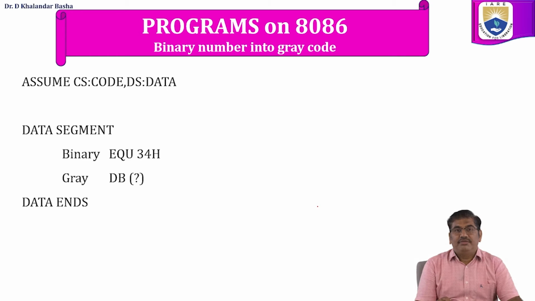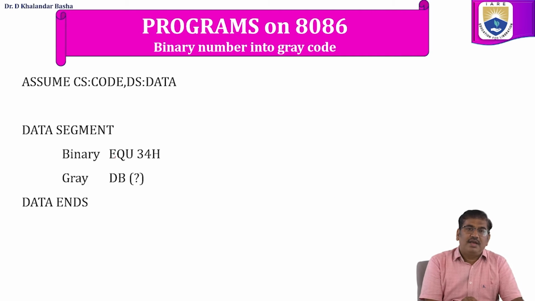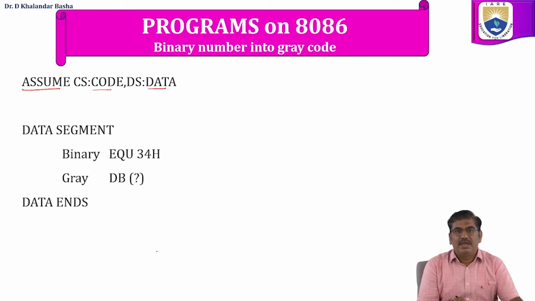So first, we will initialize the data segment with the input, which is a binary number, and we will reserve the memory for the output, which is a gray code. For requesting the assembler to assign the memory for the code segment and data segment, we use the ASSUME directive: ASSUME CS:code, DS:data. So the assembler will assign one segment address for the code segment and one for the data segment.